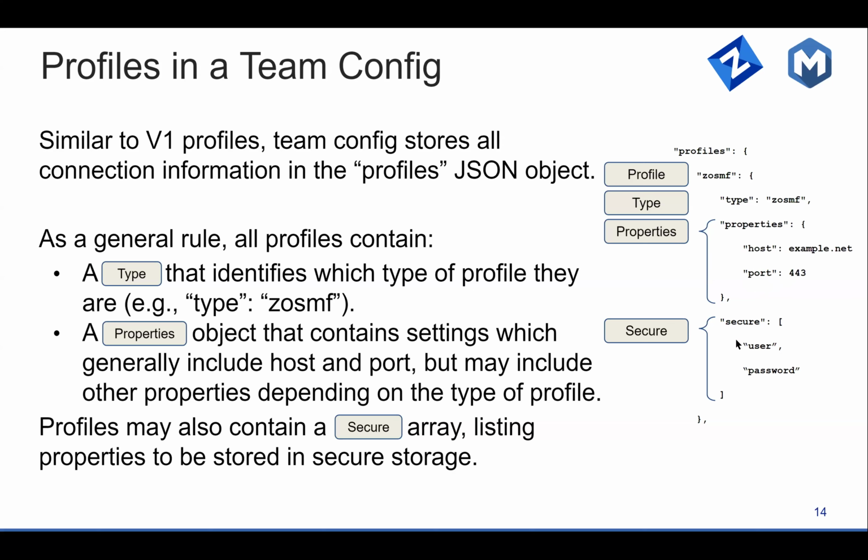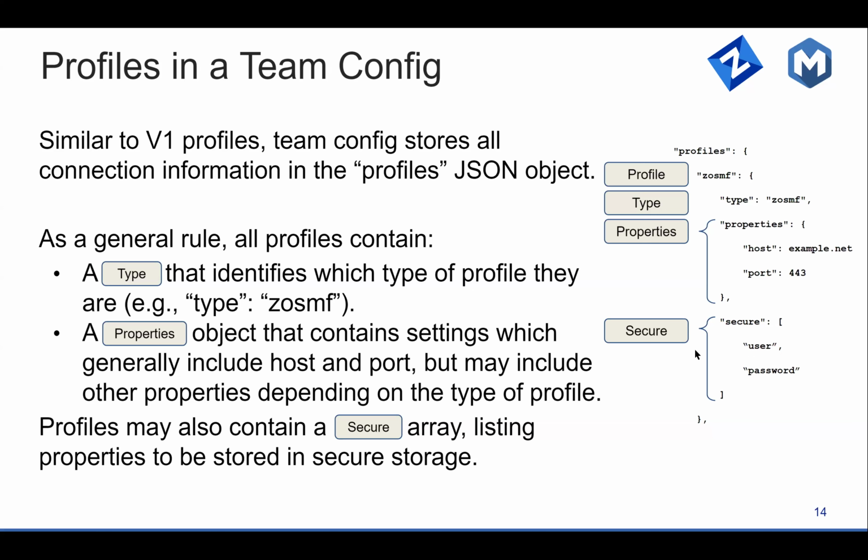And below that, we have the secure array. It's not a JSON object, it's just an array. And within the secure array, you can list properties that you want to store securely. I think the most typical use for the secure array is to put all of your credentials in the secure array. That way, Zowe CLI will prompt for them when you run the Zowe config secure command.